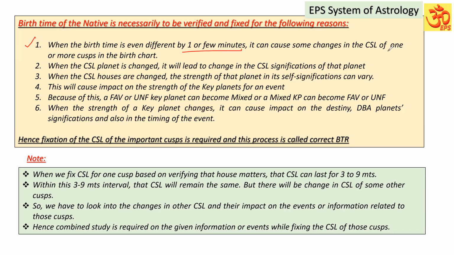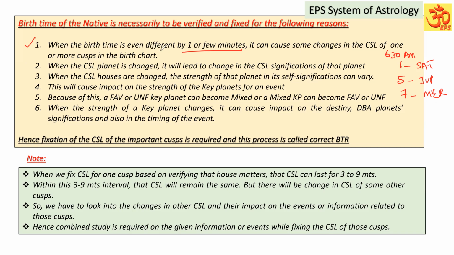Suppose the child is born at 6:30 a.m. In that, the Lagna cuspal sublord, for example, is Saturn, the fifth cuspal sublord, for example, is Jupiter, and the seventh cuspal sublord, for example, is Mercury. I have taken only 3 cusps for discussion.